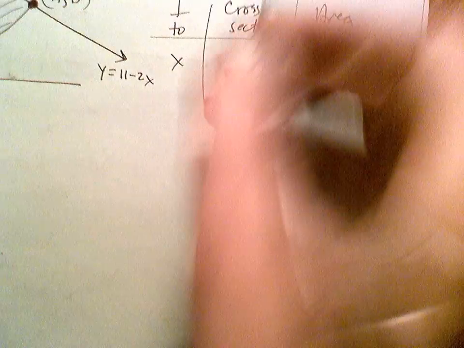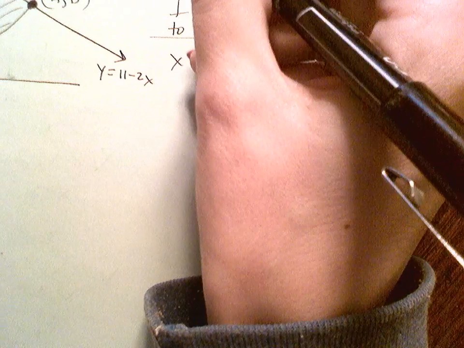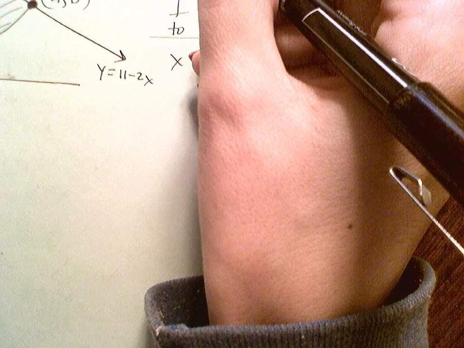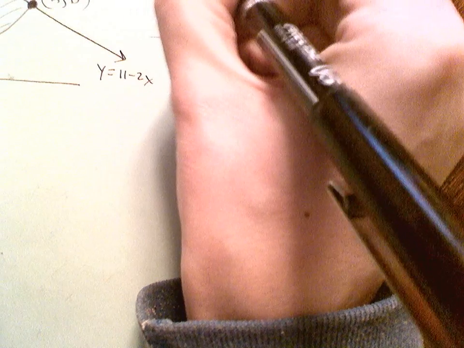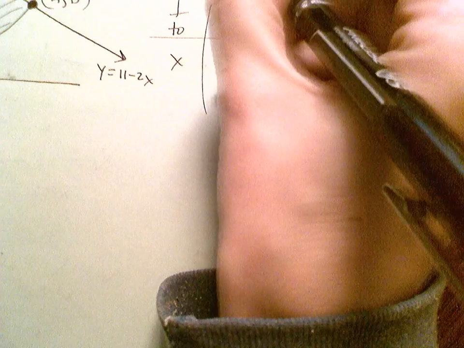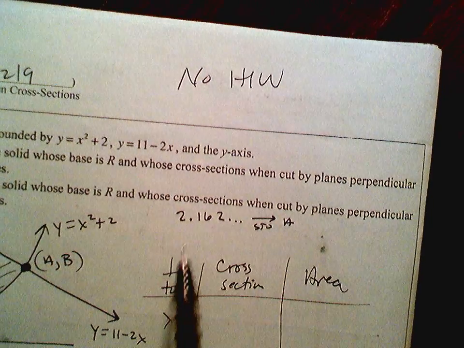Then I'll be clear to my reader about what I've got. So maybe I should write 2.162... and this is stored as A. Sorry, you couldn't even see that.